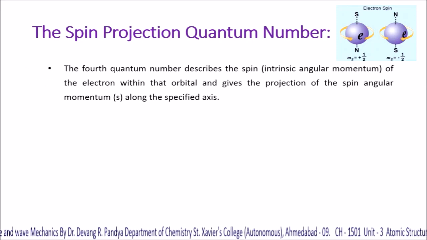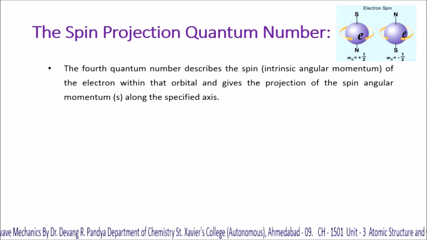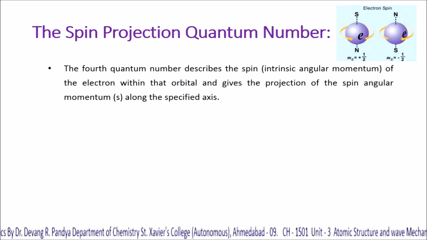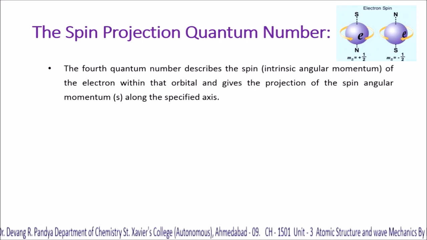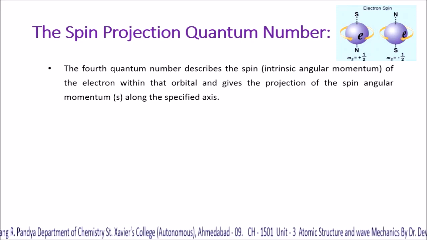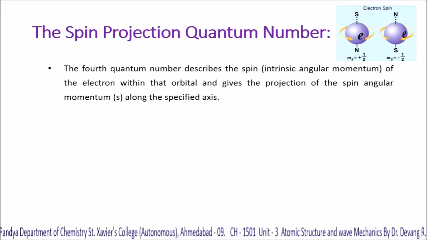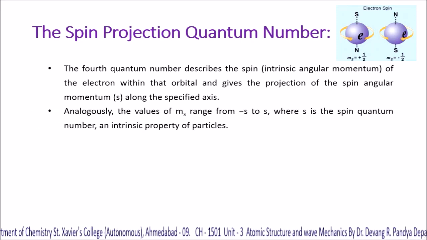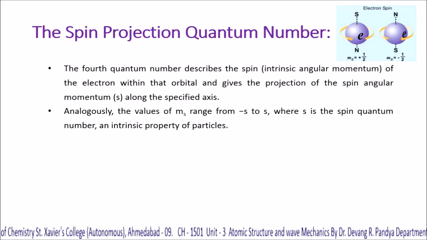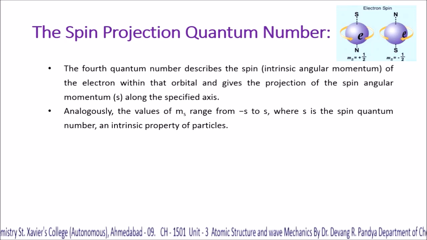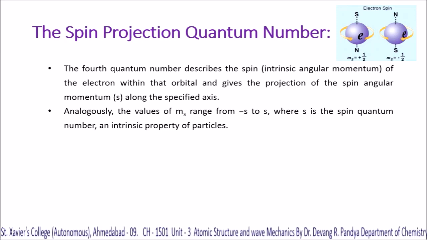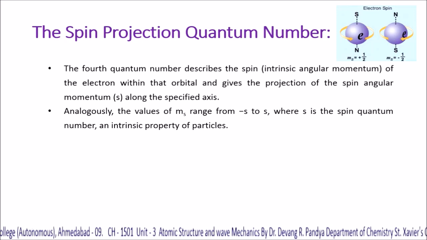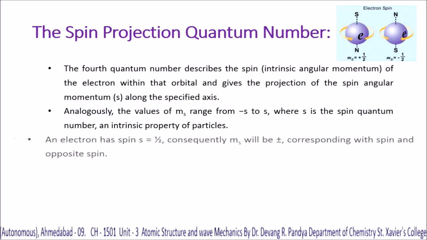The fourth quantum number describes the spin, that is the intrinsic angular momentum of the electron within that orbital, and gives the projection of the spin angular momentum, S, along the specified axis. Analogously, the values of m subscript S range from minus S to S, where S is the spin quantum number, an intrinsic property of a particle.